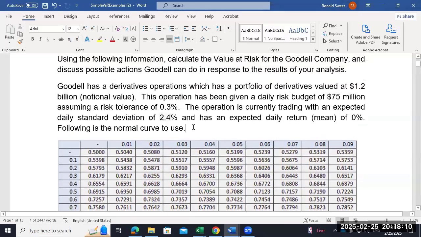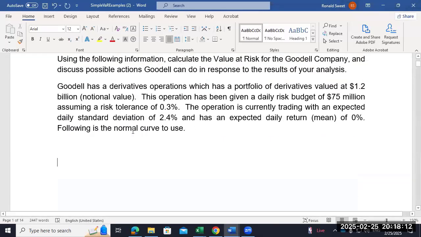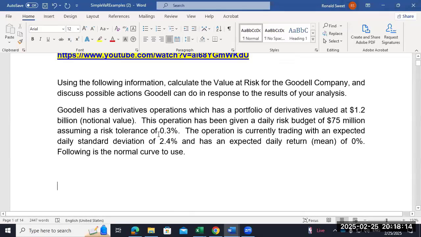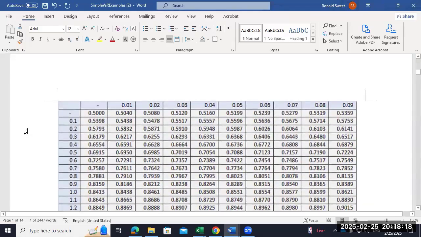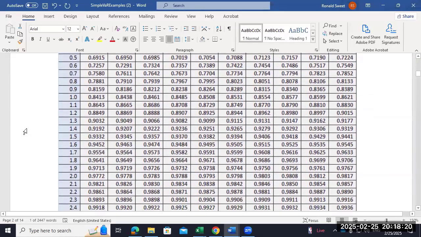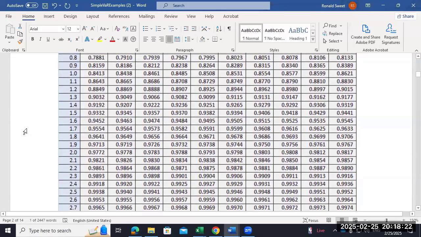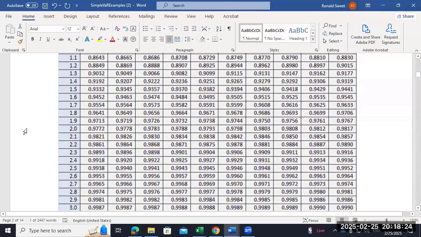So it's the same problem over again. So work through that one. Let's see, the risk tolerance 0.3%. I'll give you a few seconds to find your number. 0.3%, not 3%, but 0.3%. So here you'll have to just take the higher number.